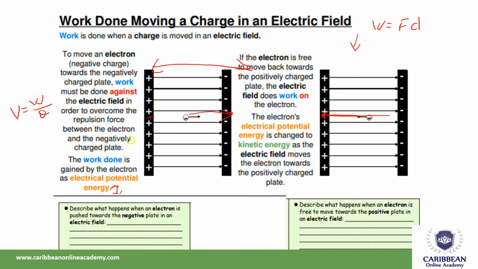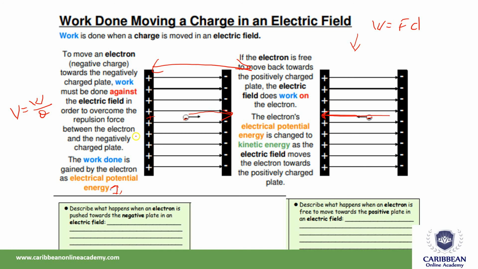Full stop. So if you want your electron to move towards the negative plate, you obviously would have to do work against the electric field. It is the electric field that tells us the force that will be experienced. So you have to be doing work against it so that the negative electron can move towards the negative plate.